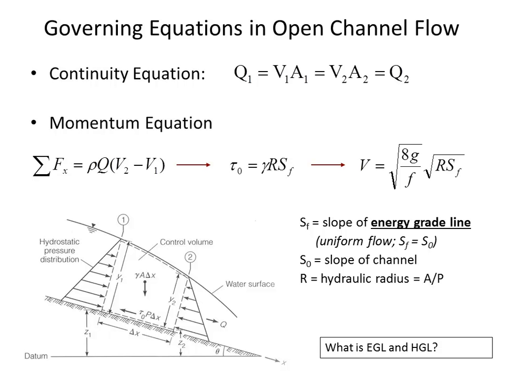Pipe flow, the EGL was velocity head, pressure head, and elevation. Instead of being pressurized, since open channel flow is open to the atmosphere, its depth takes the place of the pressure head.